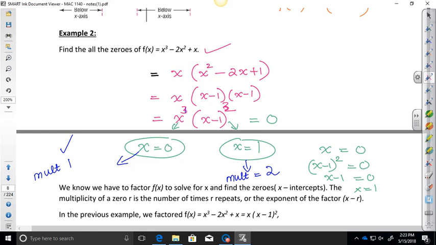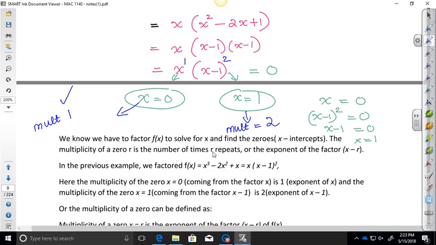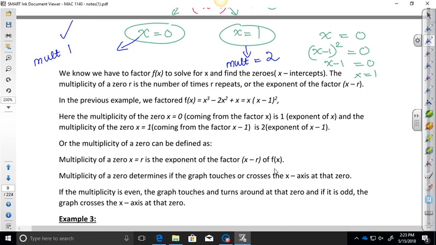How many times it repeats? That's the multiplicity. Here we don't see the multiplicity, so it's 1. There is no exponent, means it's 1. So it crosses at 0 and it touches at 1.